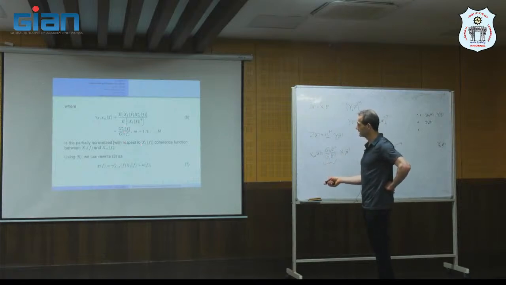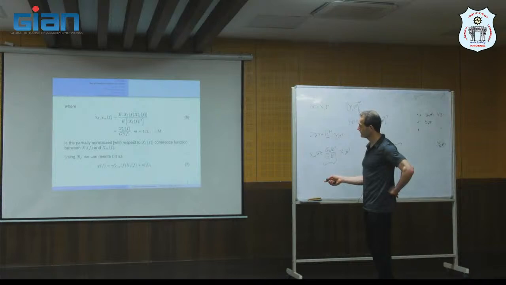So that's why I can write here a vector. Instead of containing the relative transfer functions, I can put the vector of partially normalized coherence functions with regard to the desired source.